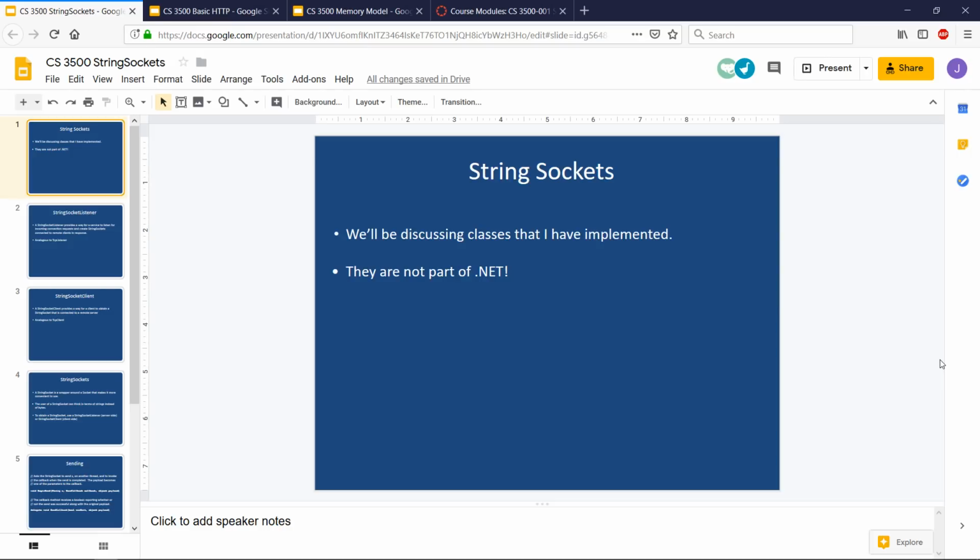So last time we looked at a pretty high level of detail at sockets, some of the methods provided by the socket class in C#. And I have built on top of that socket class something called a string socket. The string socket is not part of .NET, so you won't find much to Google about it.